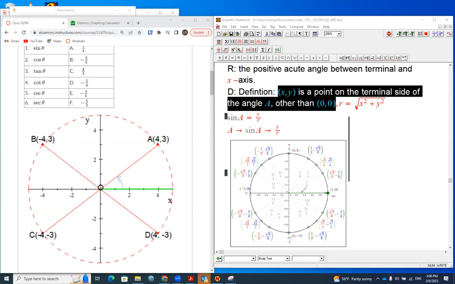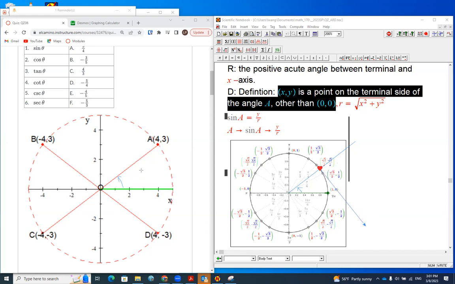The terminal is going to be somewhere here on the unit circle. This terminal is the same as terminal OA. And what is this intersection going to be? I'm going to show you exactly what it is.